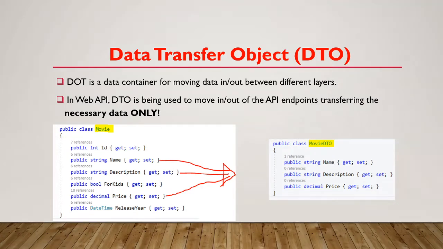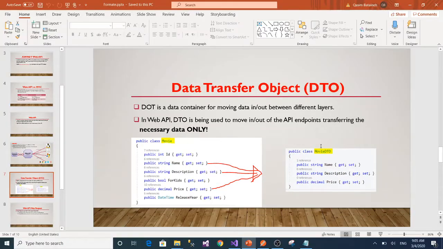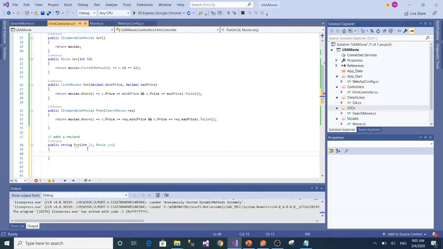So why do we need to send them over the network in the request? We need to make our call and our API more efficient, so we only pass the necessary data. So we need to create a movie DTO to just transfer the necessary data through our web API endpoints. We need only three properties as shown here. So let me go and create that and use it instead of the movie.